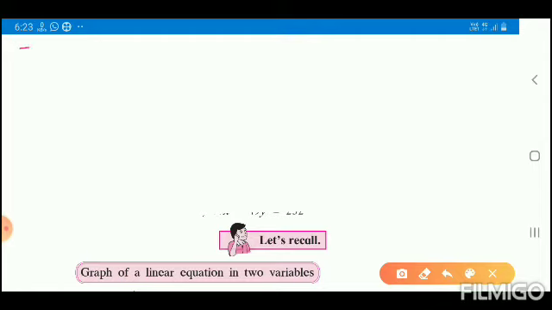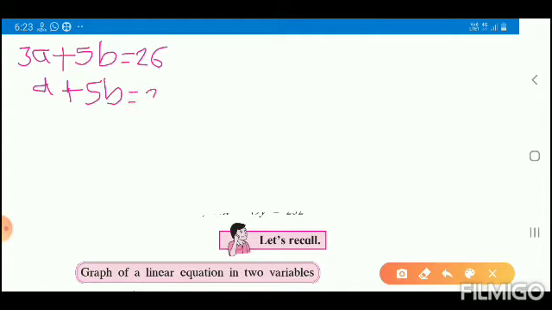The equation is 3a plus 5b is equal to 26. And the second equation is a plus 5b is equal to 22. This is equation 1 and this is equation 2.